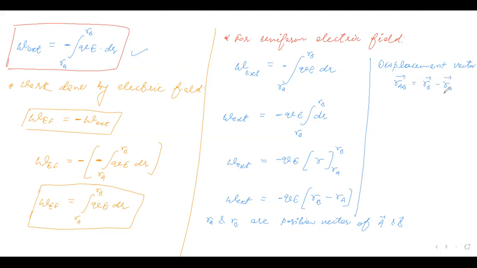I hope you already know this from your vector chapter of class 11. So if you replace this value, we can write W external is equal to minus of QE into RAB. This is a vector quantity. Electric field is also a vector quantity.